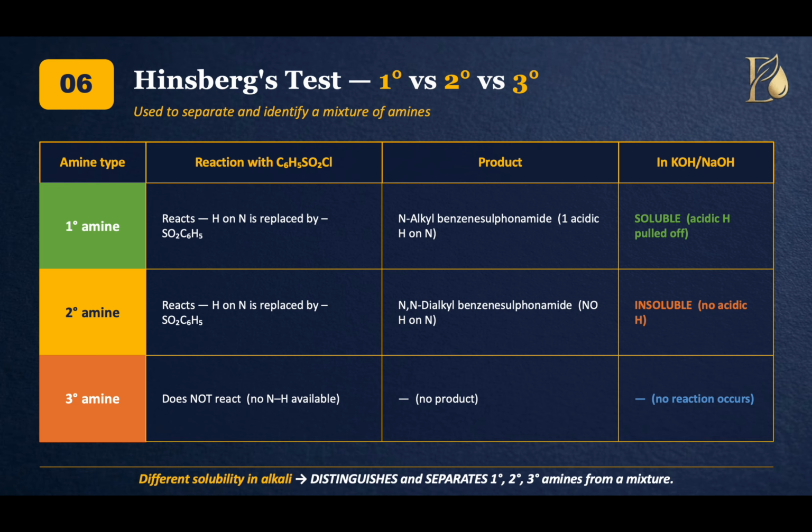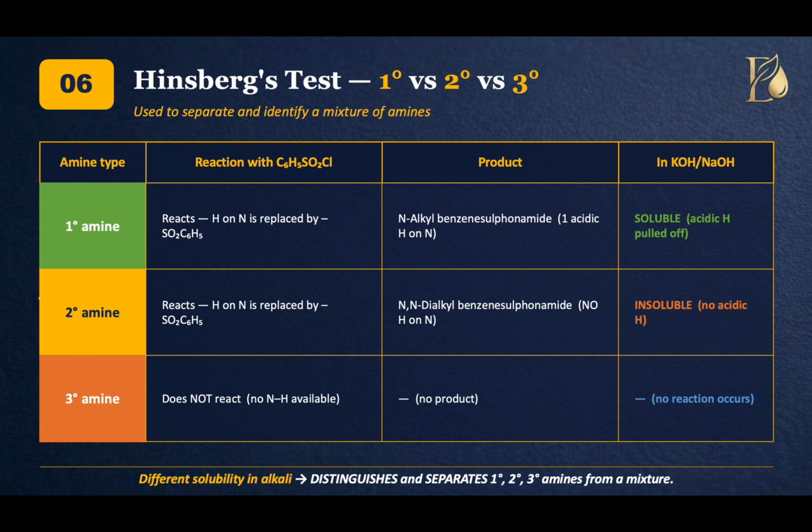Because of this acidic hydrogen, the product dissolves in aqueous KOH by forming a soluble salt. But a secondary amine gives N,N-dialkyl benzene sulfonamide, which does not contain a hydrogen on nitrogen. Since there is no acidic proton, it cannot form a soluble salt in alkali and therefore remains insoluble.